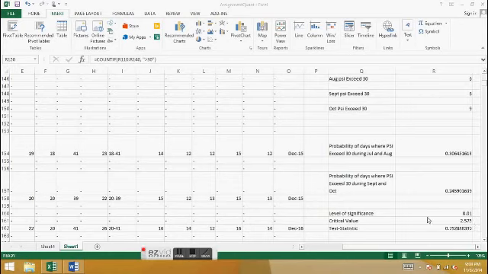Since my test statistic is more than negative 2.575 and smaller than 2.575, it does not fall in the rejection region. So for my answer, I cannot reject the null hypothesis.